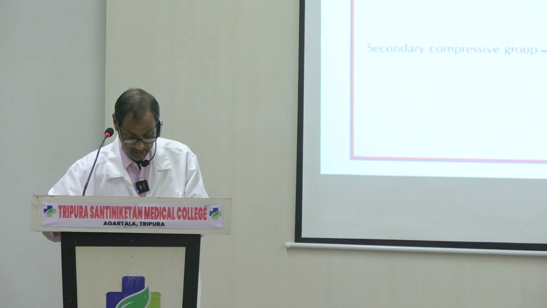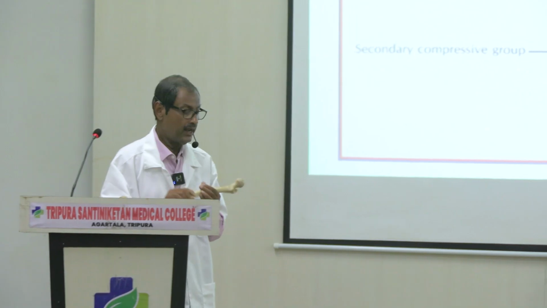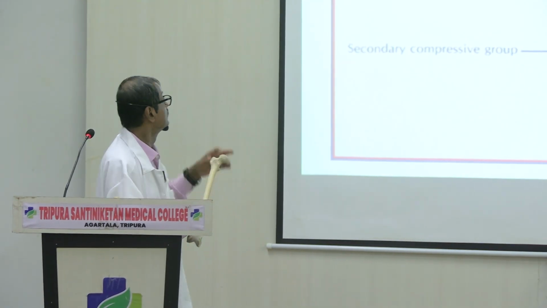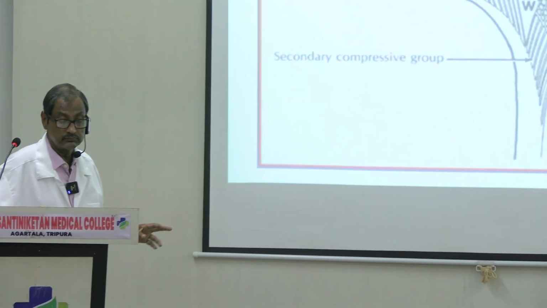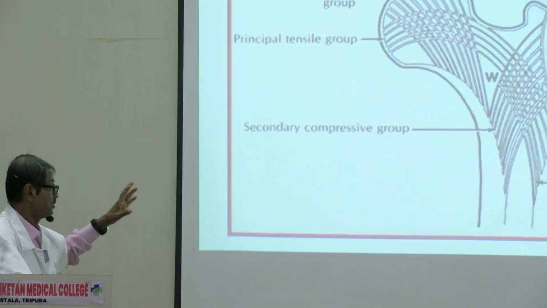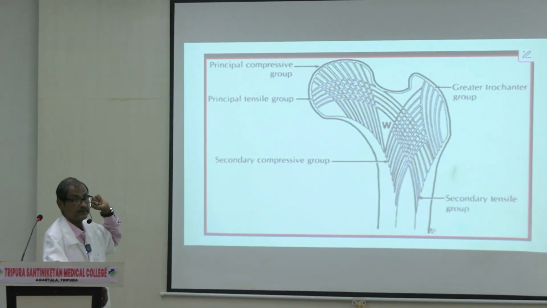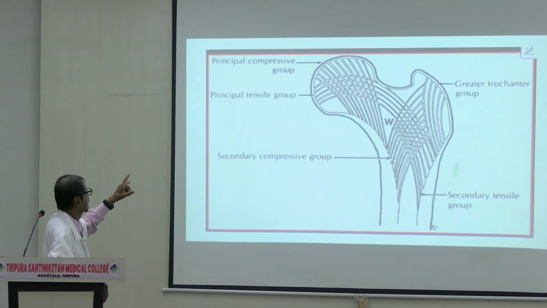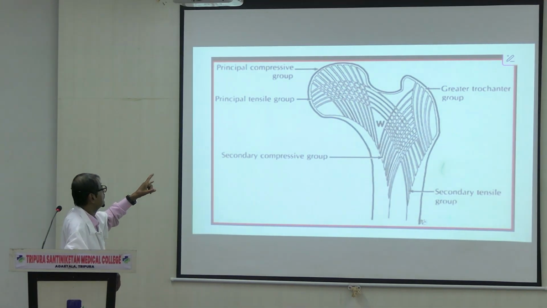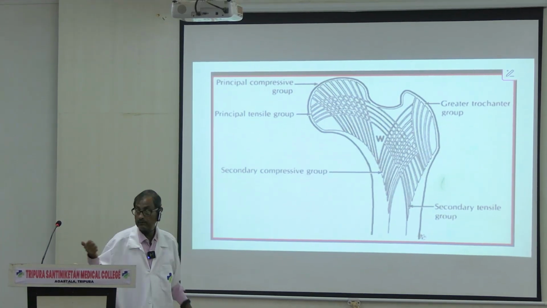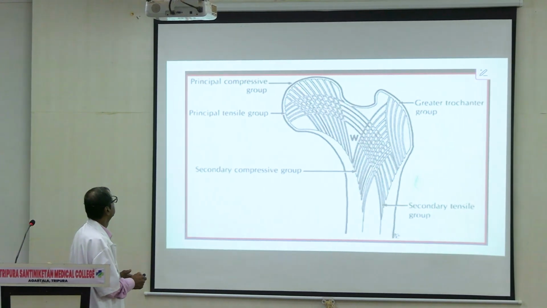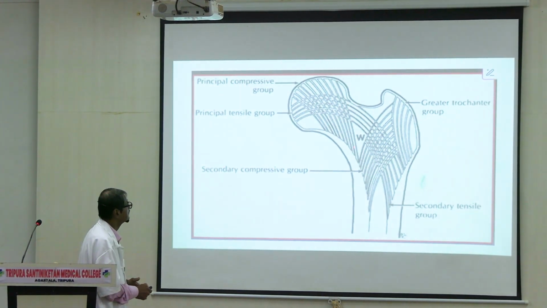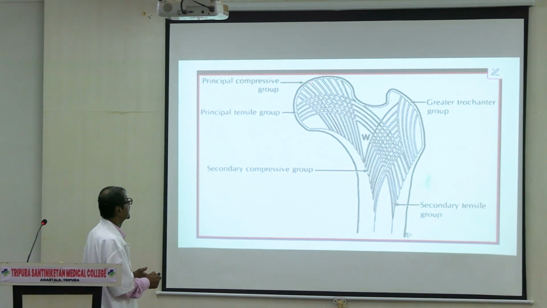There are 2 types, so shaft and neck also. You see how the trabeculae, there are 4 sets of trabeculae in the neck. One is the principal compressive group, and the principal tensile group. The principal compressive group goes from the medial side of the neck to the head.